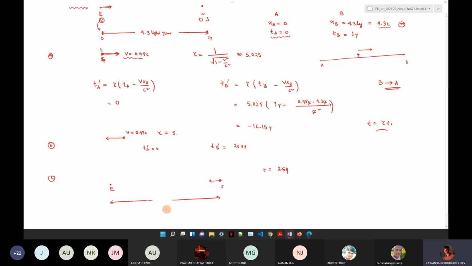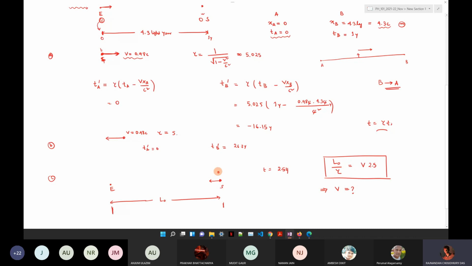If this length is given to us as L naught, the distance that the spacecraft has to cover will be contracted. This length will not be L naught for him, it will be L naught by gamma for the spacecraft. So he will be covering this distance in this much time with the speed v. So this will be the equation. Then from here we have to solve for v.